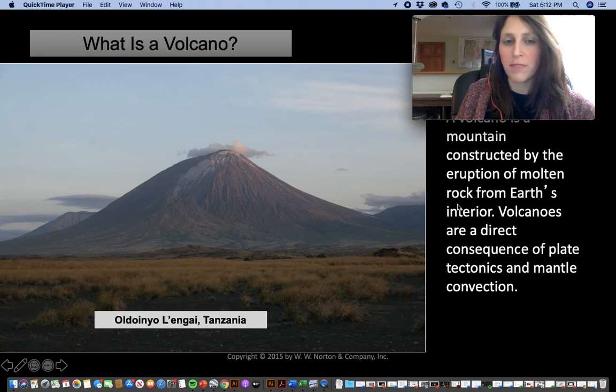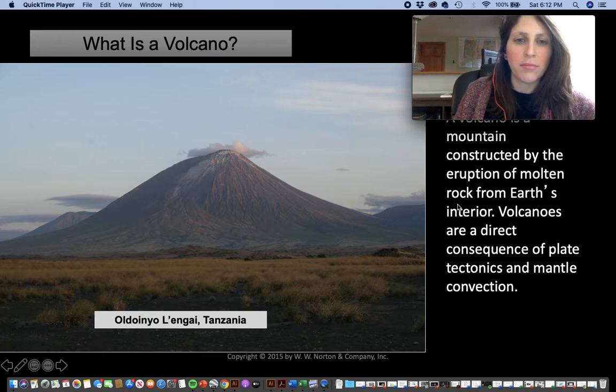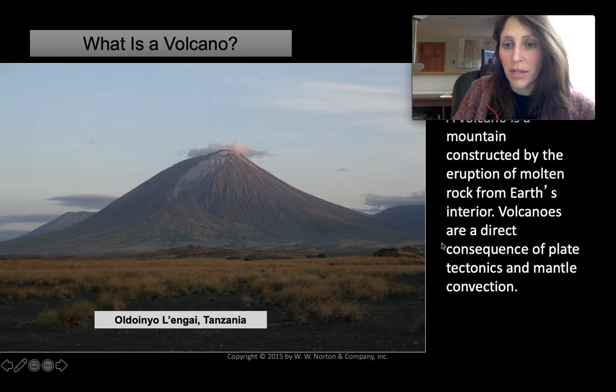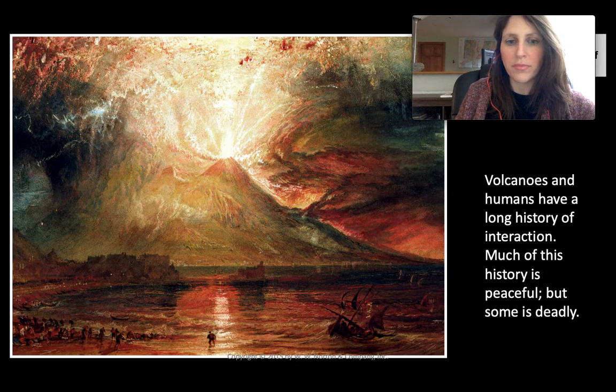You will find some volcanic activity, except for transform, as we know, that does not produce volcanoes, but convergent and divergent boundaries absolutely will cause volcanic activity, as well as hotspots, which is not a plate boundary, but it is mantle convection.